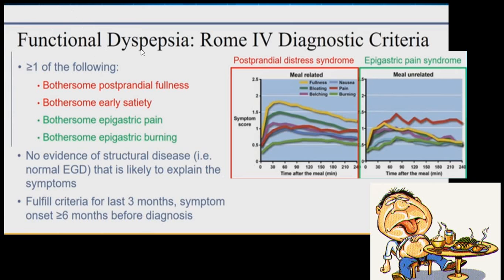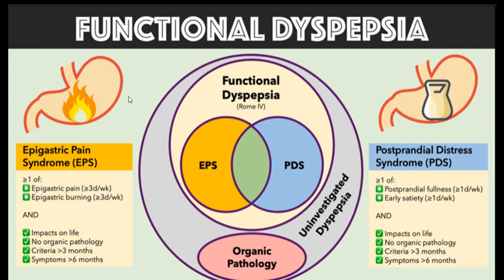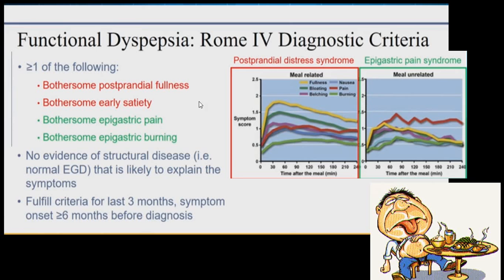So functional dyspepsia criteria we already told you: bothersome postprandial fullness and bothersome early satiety fall into the group we labeled postprandial distress syndrome. And bothersome epigastric pain and bothersome epigastric burning fall into epigastric pain syndrome. So functional dyspepsia consists of these 4 types of symptoms.